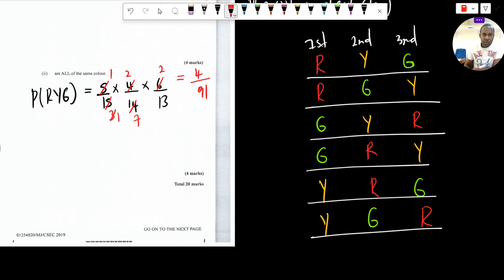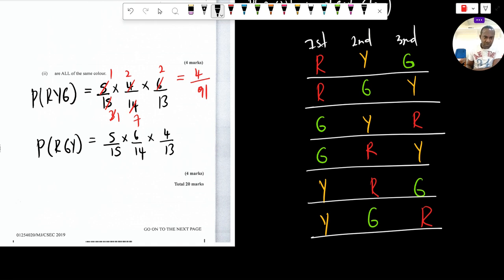Now, for the probability of the second possible combination, RGY. So RGY, again, first red, that's 5 over 15. Green on the second attempt would be 6 over 14. And then yellow on the third attempt would be, how much is yellow again? 4 over 13.